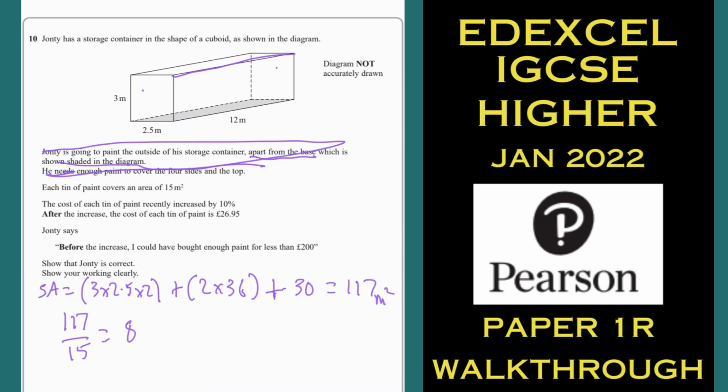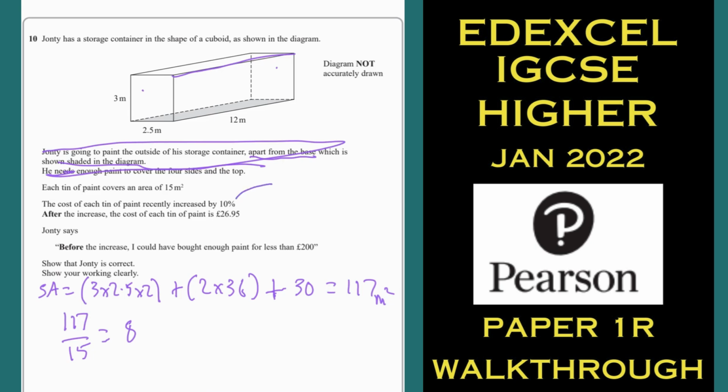Now it morphs into, before the increase, the cost of each tin of paint recently increased by 10% after the increase. So you've got this problem. You don't know the original amount. It's morphed into a reverse percentages question.